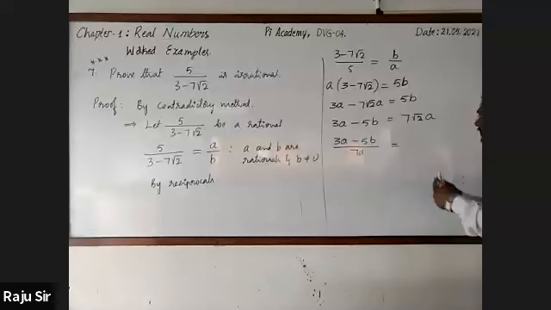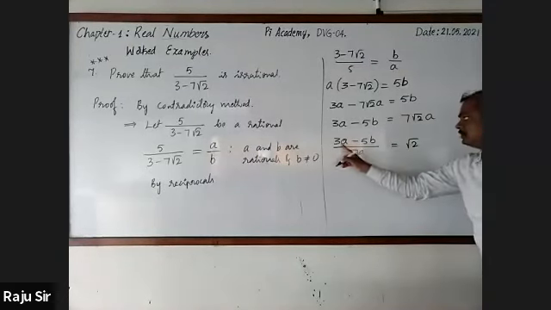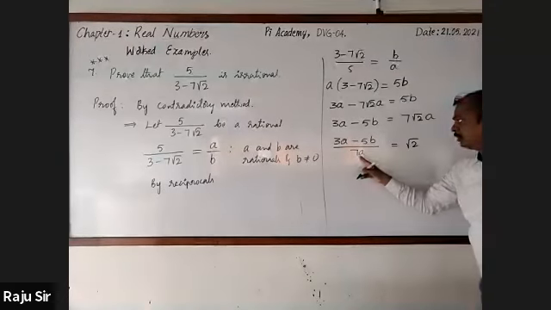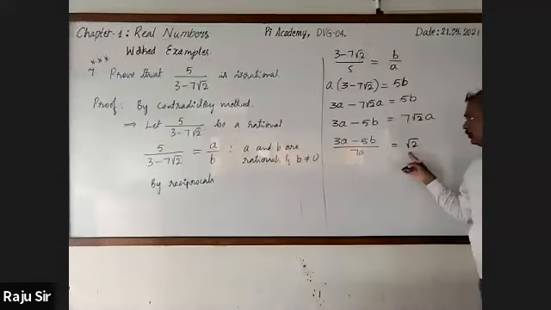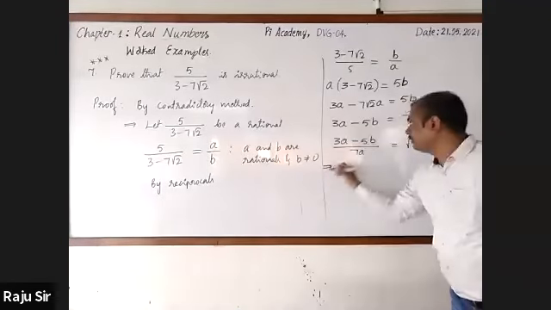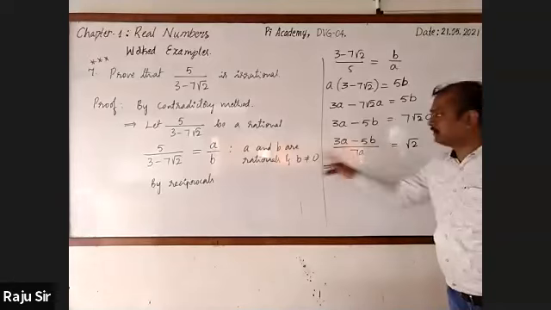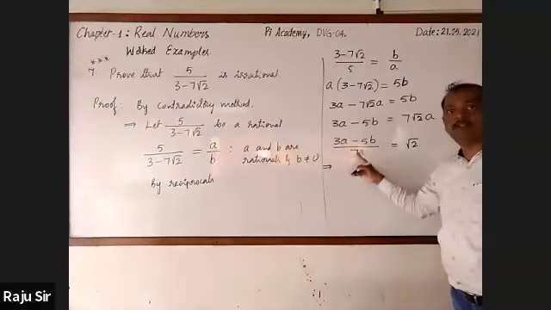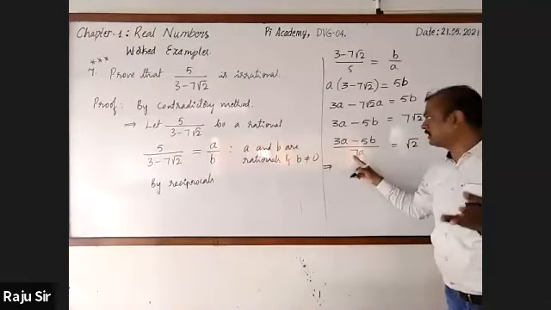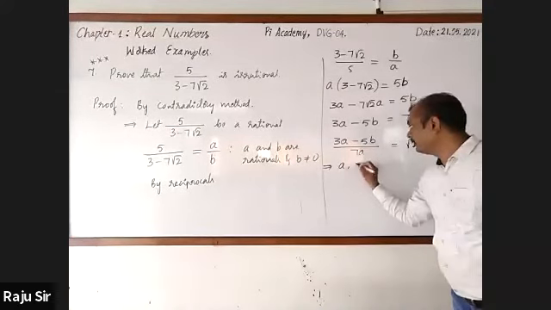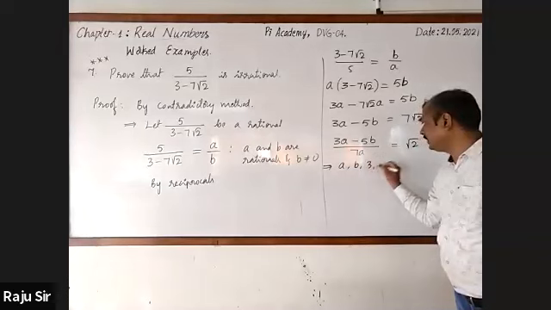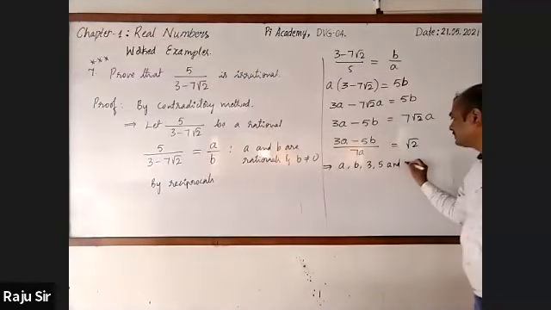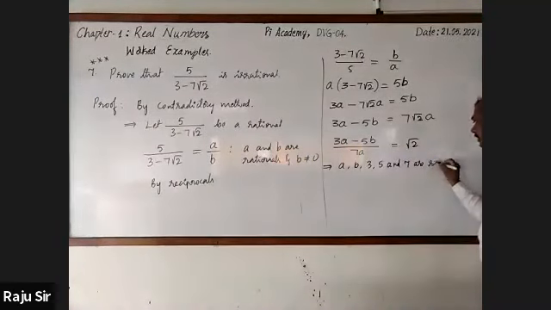Okay, let's continue. It is (3a minus 5b) whole divided by 7a is equal to root 2. Here, we know that a, b are rationals, we have assumed them. And we also know that 3, 5 and 7 are also rational numbers.